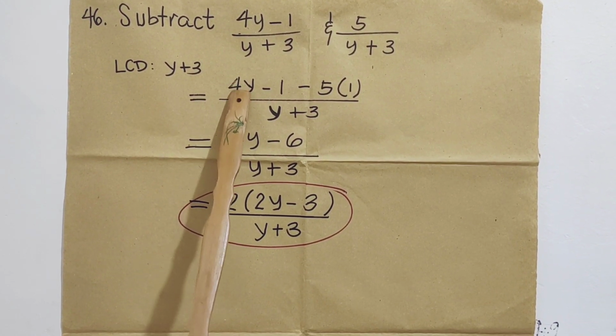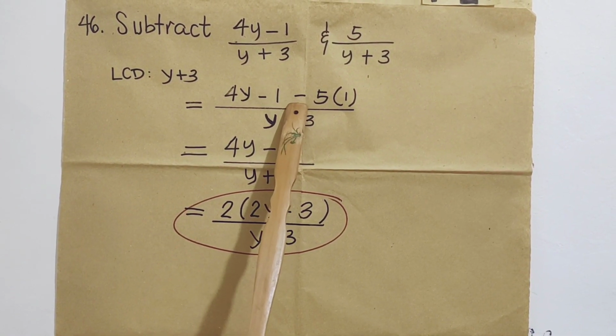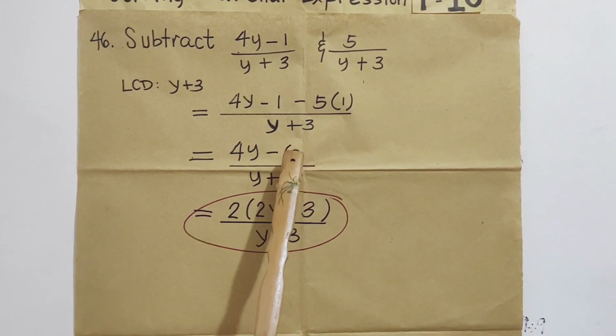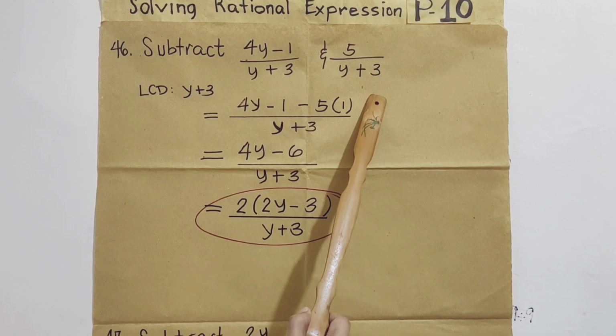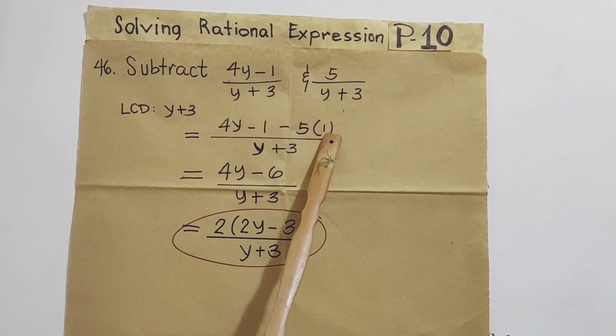So the answer also is 4y minus 1. Since it is subtraction, we write the sign of subtraction. Then y plus 3 divided by y plus 3 equals 1, then multiply to the numerator. That's why we have here 5 times 1.